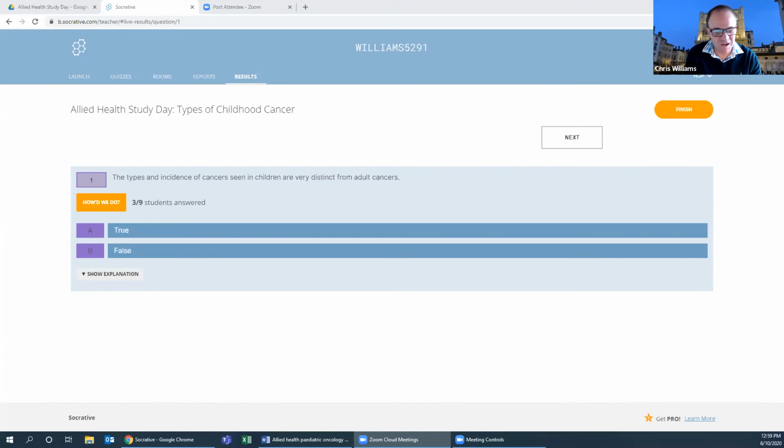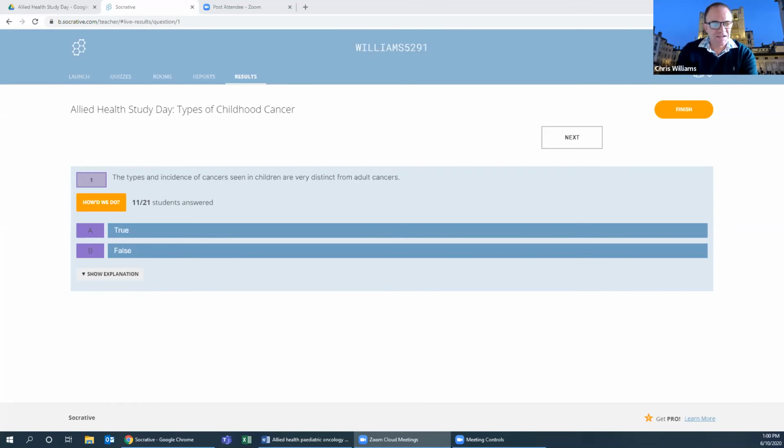We can see there we've got about 9 people on. If you want to dive in, otherwise we can work alongside these guys that are already on. So socrative.com, you enter as a student and your login is Williams 5291. All right, so that's good. We've got about half our guys on, so we might get a start.